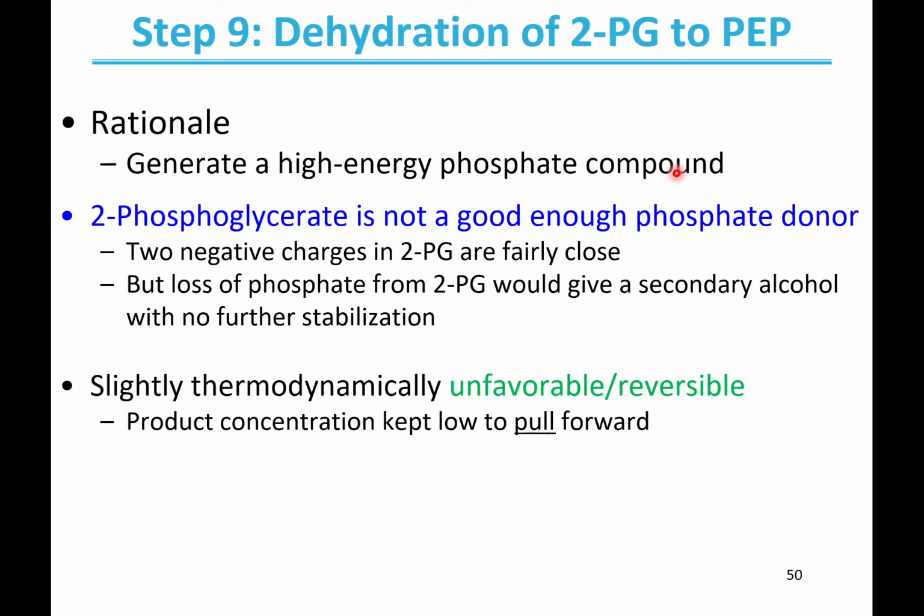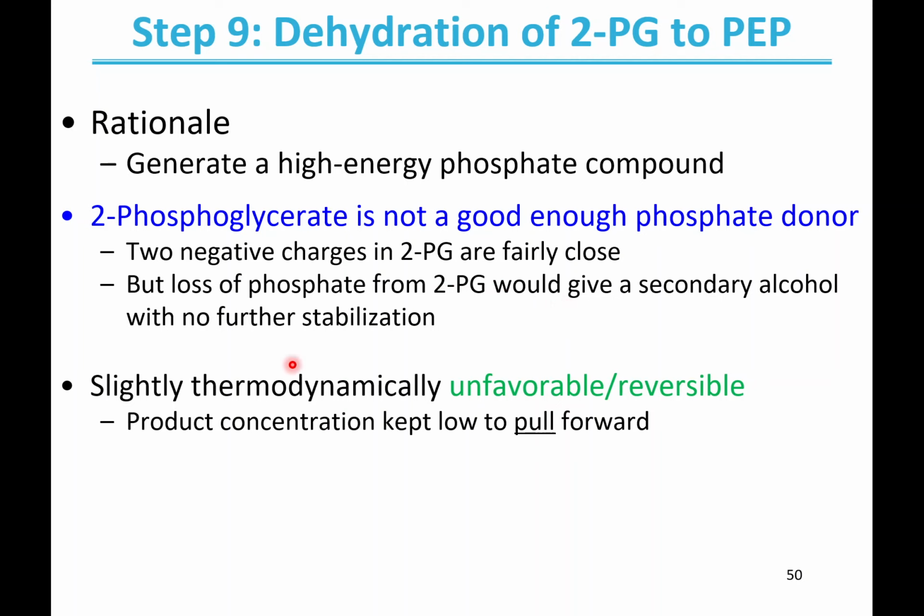Okay, so this is our last step of making a high energy intermediate. Okay. 2-phosphoglycerate is not a good enough phosphate donor. Okay, you have two negative charges in 2PG that are fairly close, which does make it high energy, but the loss of the phosphate group from 2PG would give it a secondary alcohol, with no further stabilization.